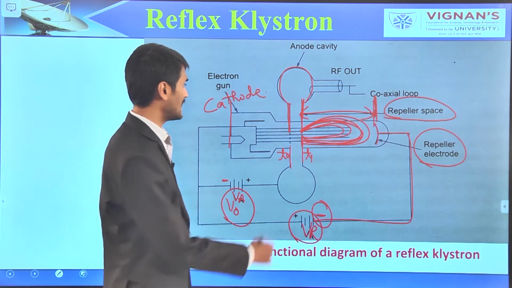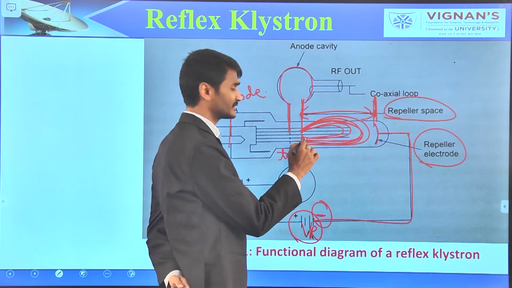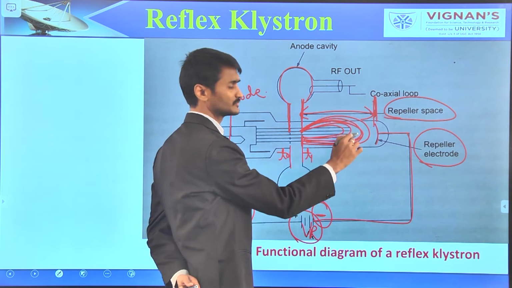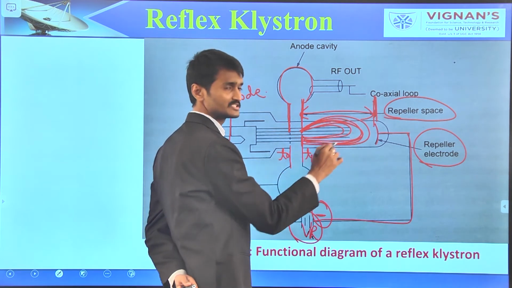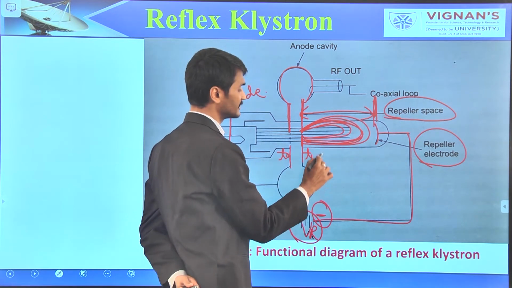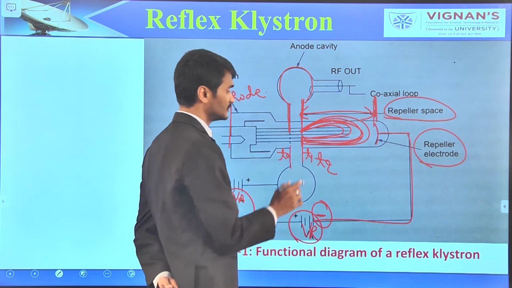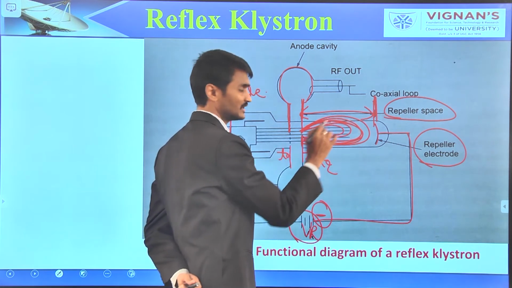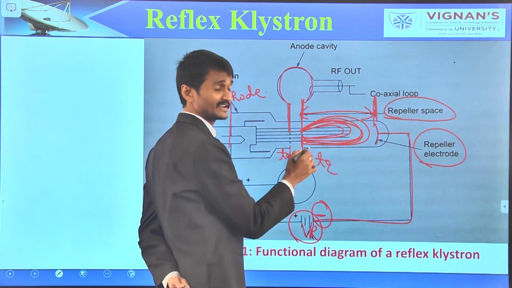As well as the time taken by the electrons to return after being reflected from the repeller electrode, which we consider as T2. So T1 is the starting time and T2 is the return time.